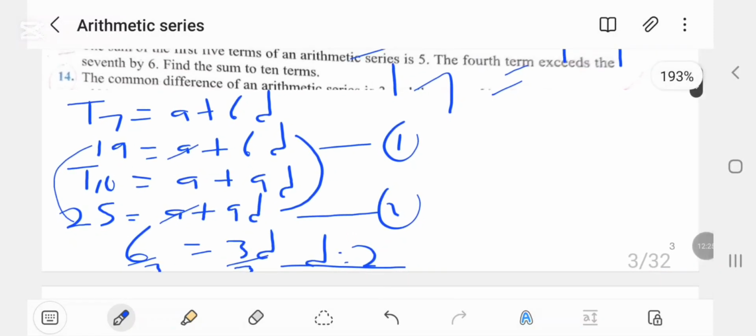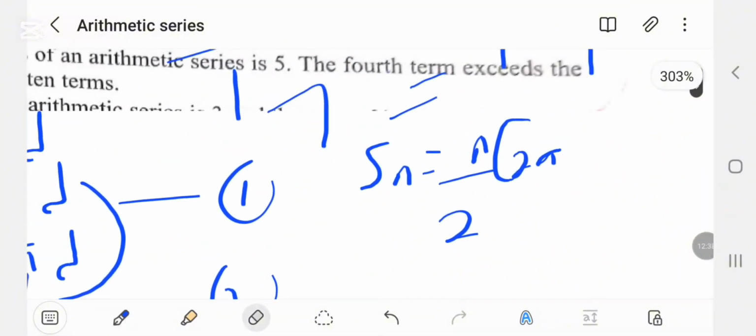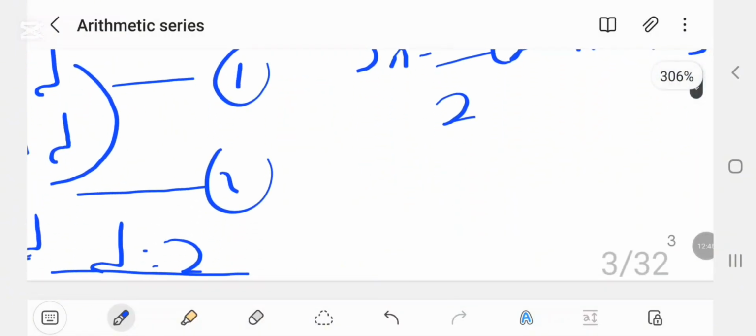Then the formula Sn is n over 2, 2a plus n minus 1 d in square brackets. I'm using the longer one. Are we looking for the number of terms?